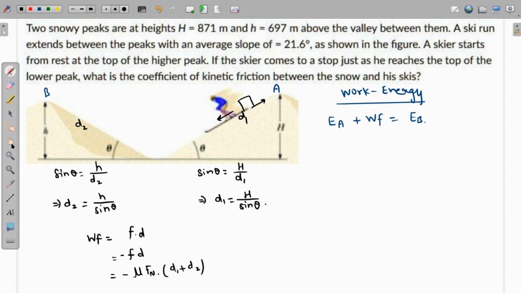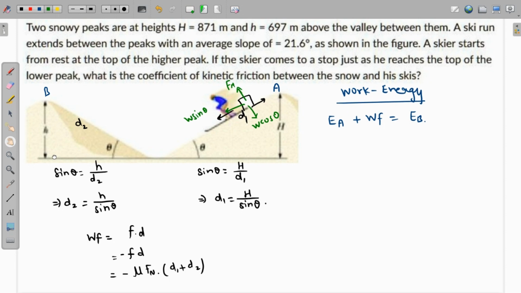What is the normal reaction? If we draw an FBD, then the normal reaction is going to be over here, and the weight component will be W cosine of theta, which is perpendicular to the plane, and this component will be W sine theta over here. So Fn is W cos of theta.